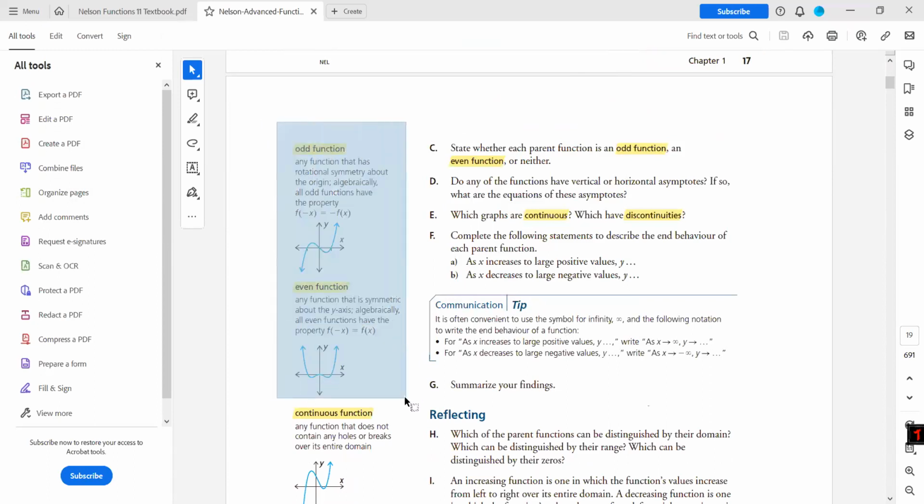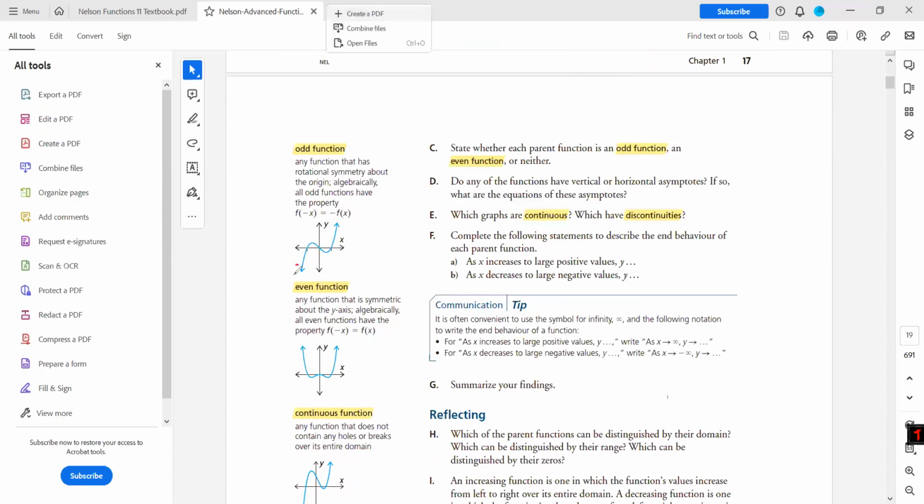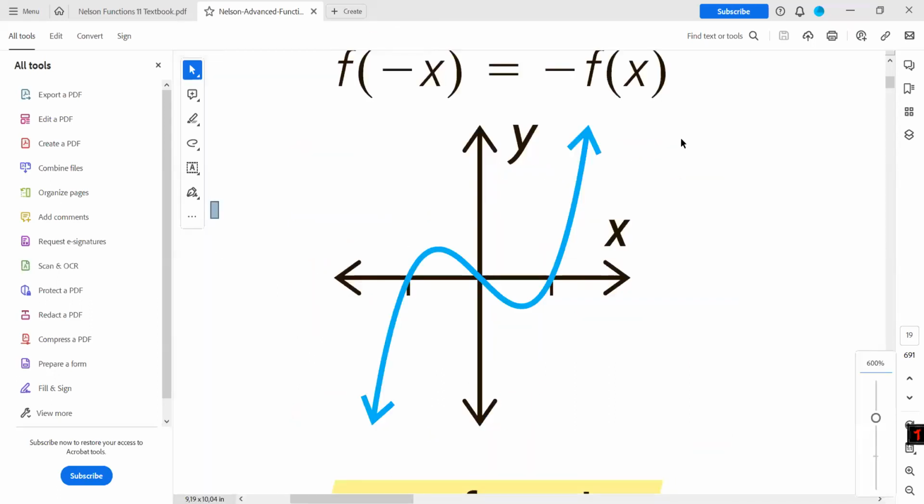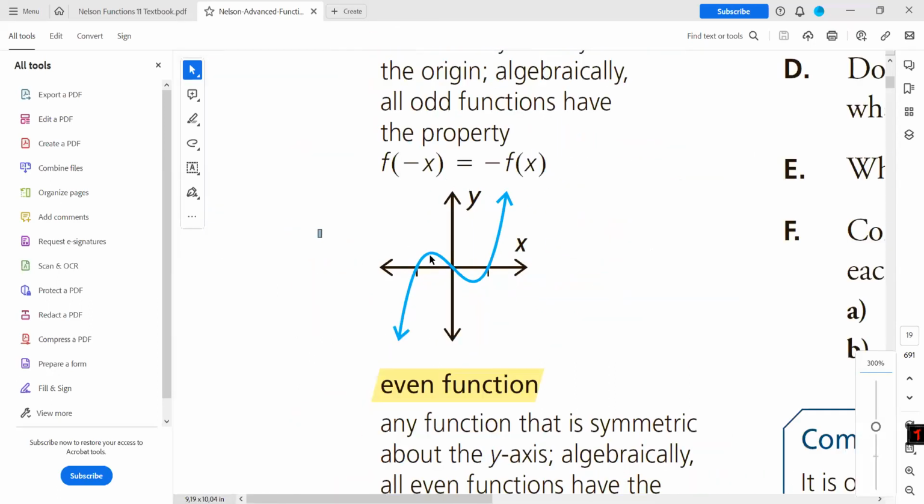These two types of functions are different in terms of their end behavior. What is an end behavior? You see this little arrow on this graph here and there? This is the point that describes the end behavior of the graph. In this particular case, this is a polynomial function of third degree.